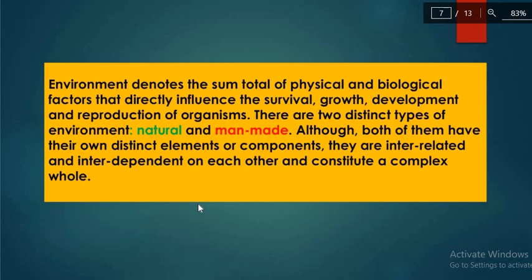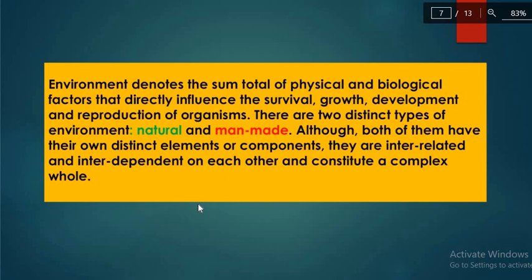Man-made environment means which are artificial, made by human beings, like house, bridge, road, buildings, schools, college. These are man-made environment. And there is the coordination of this man-made and the natural environment also.